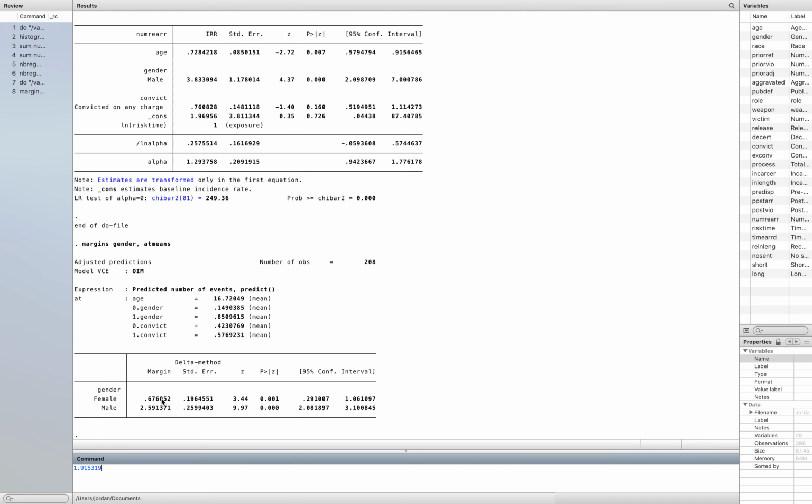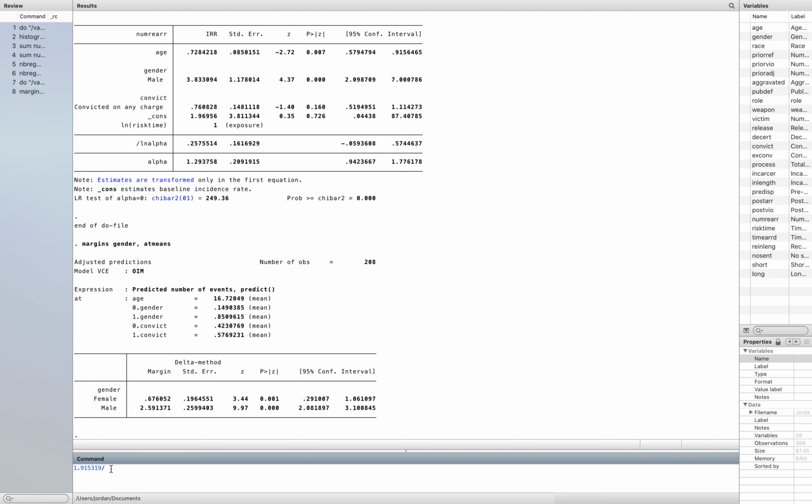So the difference between them is 1.915319. I'm showing you how to find a percentage increase from one to the other. You look at the difference between them, which is this number.